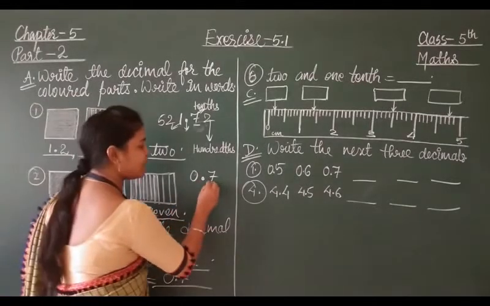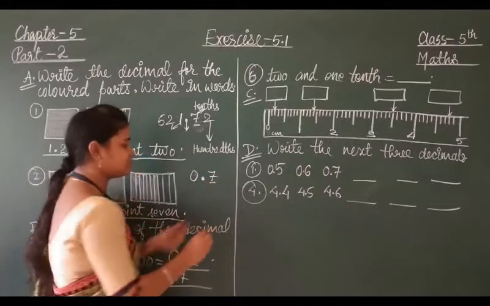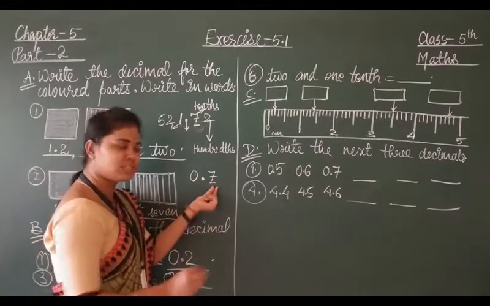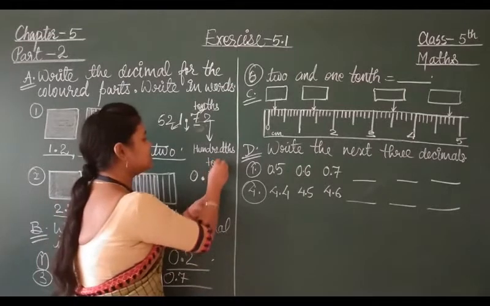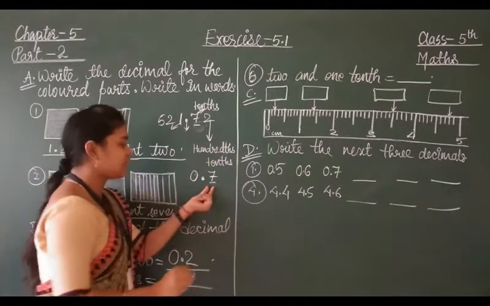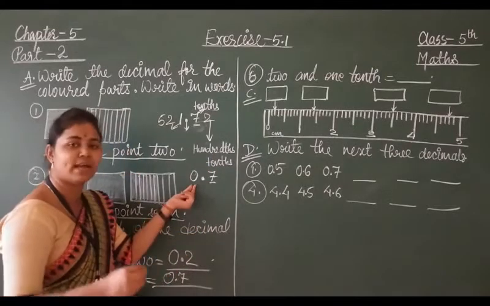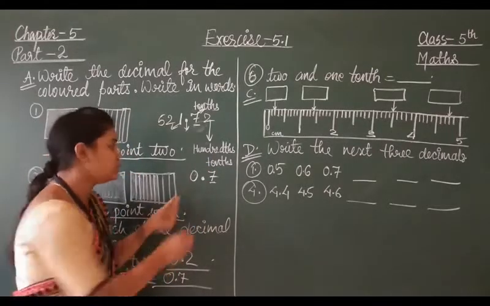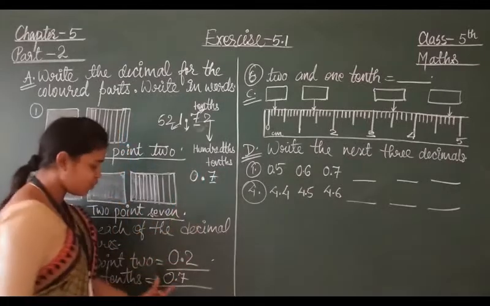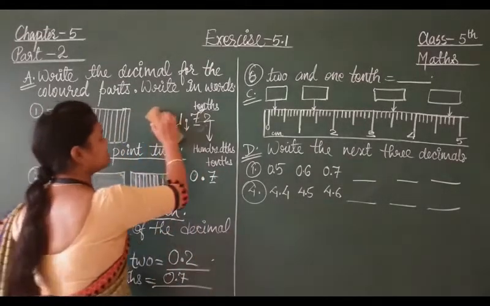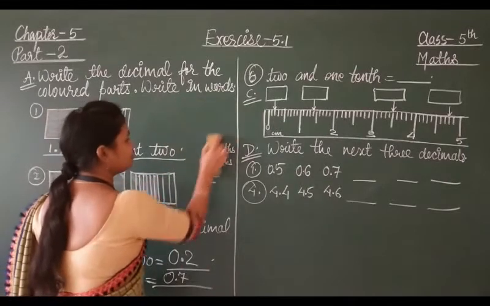Tenths means the first digit after the decimal. It is the tenths place. So as it is the tenths place, 0.7 is there. Before the point we can put one digit, that is 0. So that's why we have written 0.7. Okay, so now I think this is clear to you.